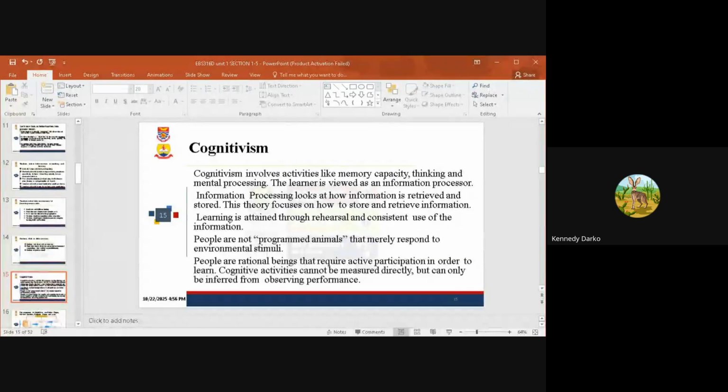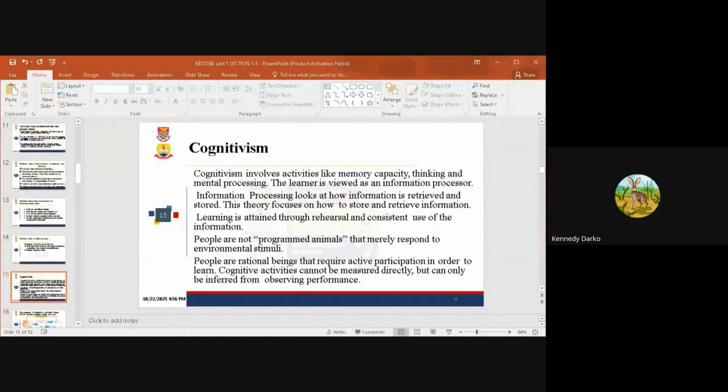Even the animals that have been programmed sometimes respond to stimuli and move away. When you step on a snake or an earthworm, you see that they will turn. They respond to stimuli. So people are rational beings that require active participation in order to learn. They are rational beings.